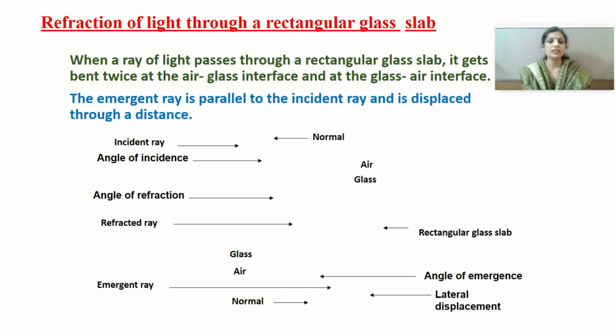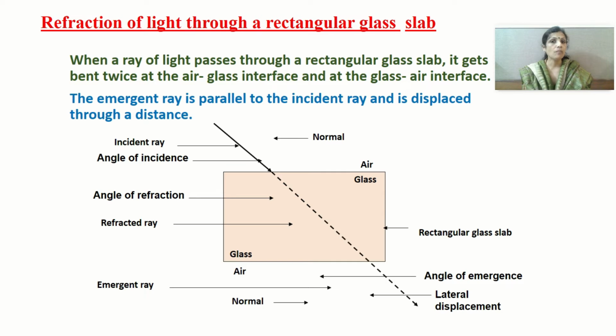Now just consider that this is a glass slab. But suppose there is no glass slab kept anywhere, then the ray of light would have traveled straight like this. Alright, but now because the glass slab is placed, light is traveling from air to glass medium.